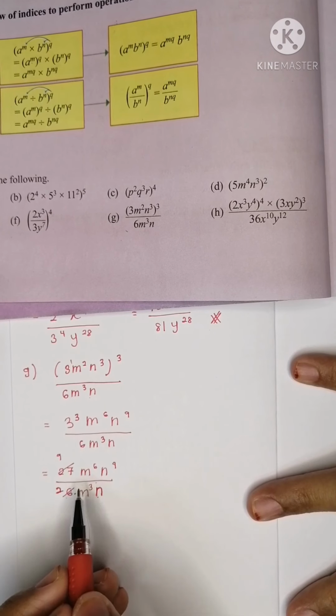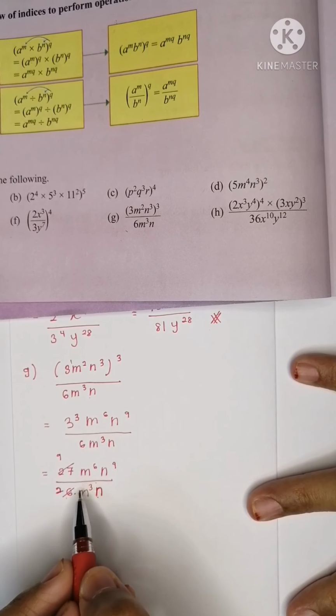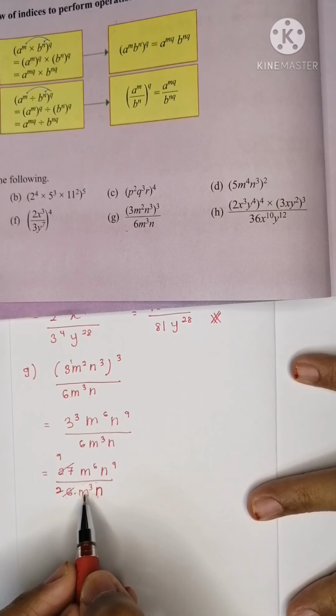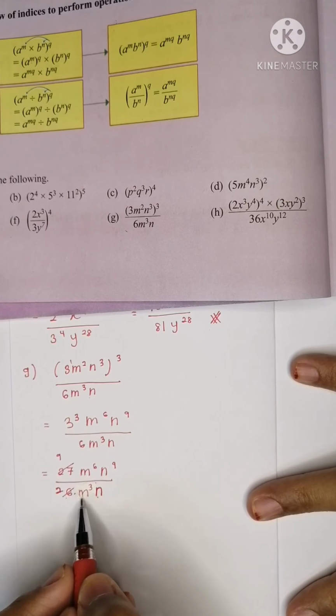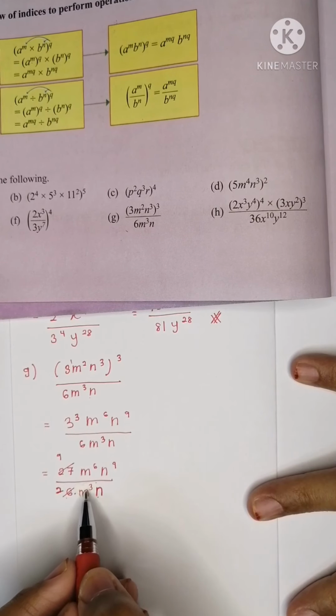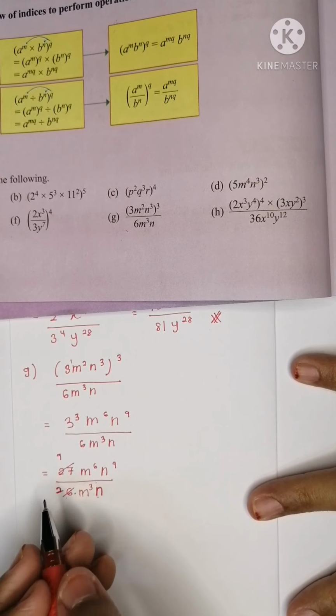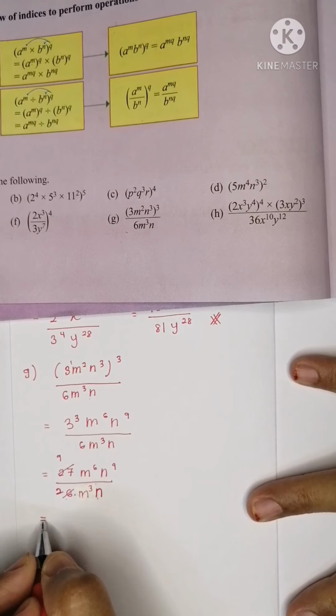So if you want to solve m to the power of 6 with m to the power of 3, which is in the denominator, you need to bring the m to the power of 3 to the numerator.